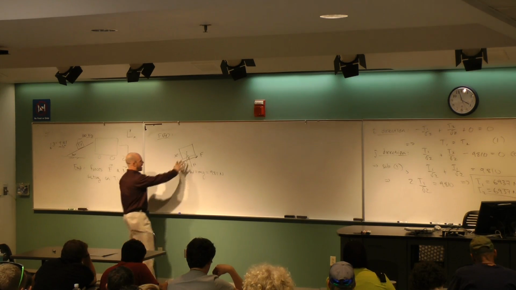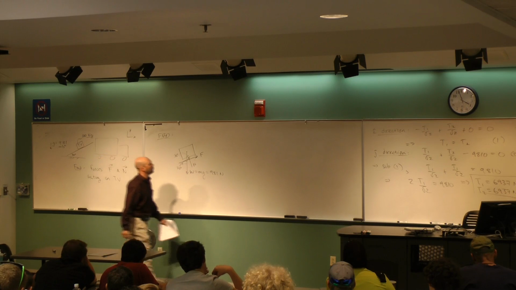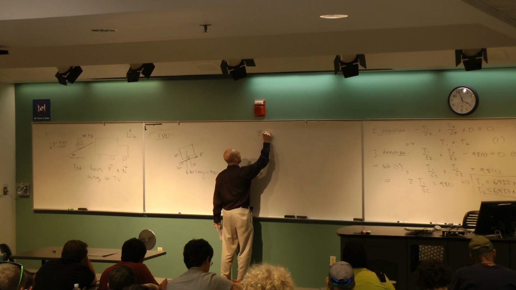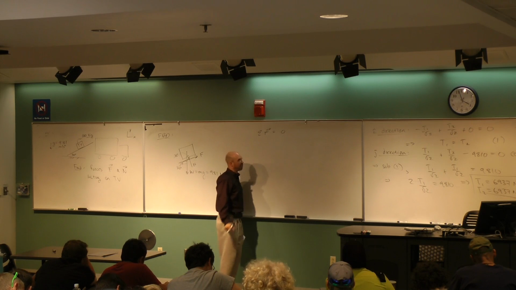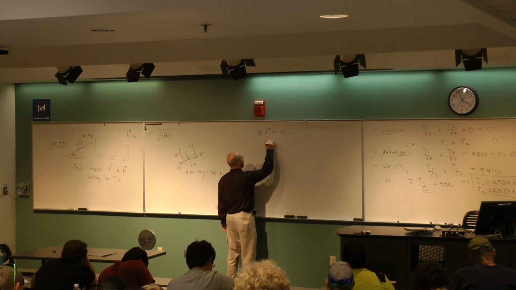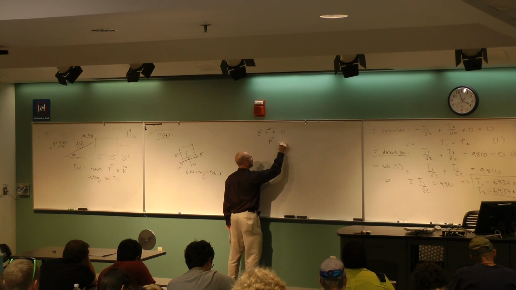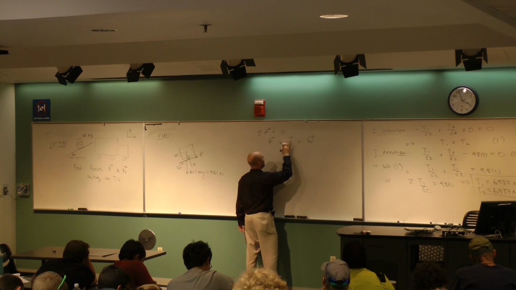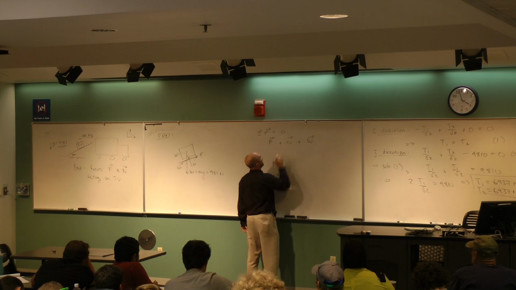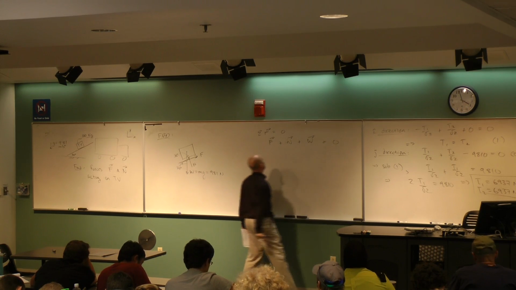All right, so here's what I got in a picture. So what I would like to do is equilibrium. Sum of the forces equals 0. So the forces are F plus N plus W, these three forces have to add up to 0.